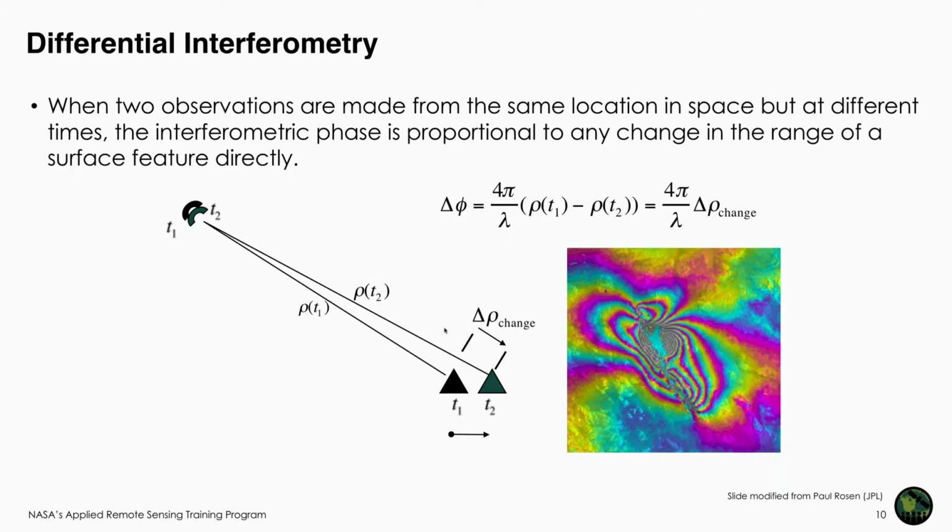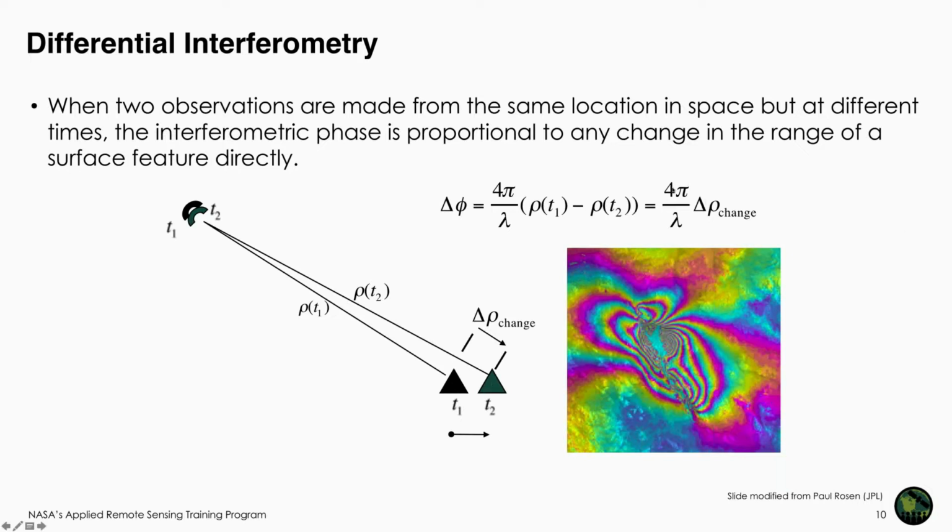If we had the two images, if we were able to get the satellite back to exactly the same location at the second time, then the phase difference here, delta phase, would be exactly equal to the change in range between the ground location of reflectors at the two times.